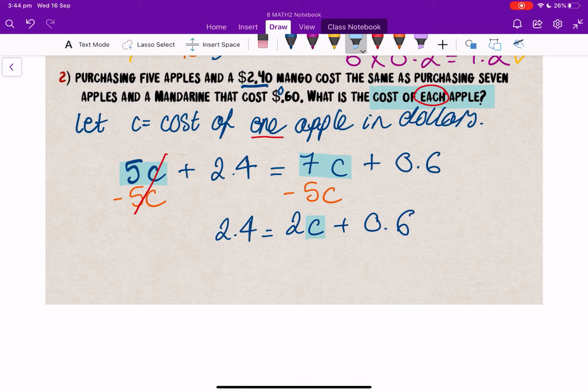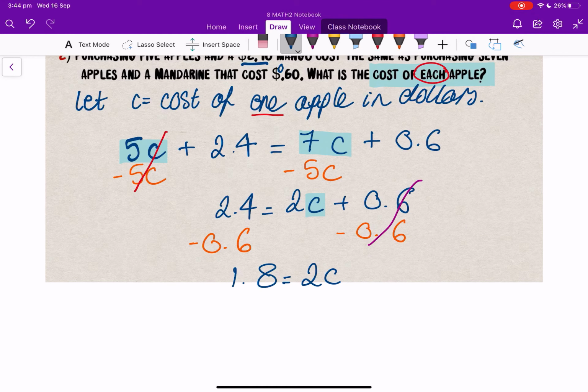Ultimately, we need to get this C by itself. So let's get rid of this 0.6. So we'll take 0.6 from both sides. That means on the right-hand side, I can cross that off. 2.4 minus 0.6 is 1.8 equals 2C, okay.